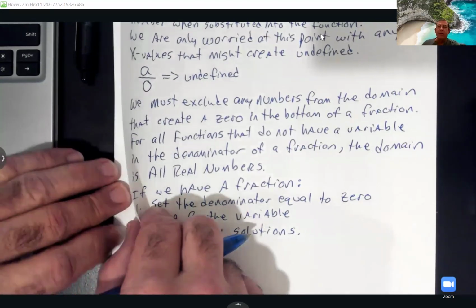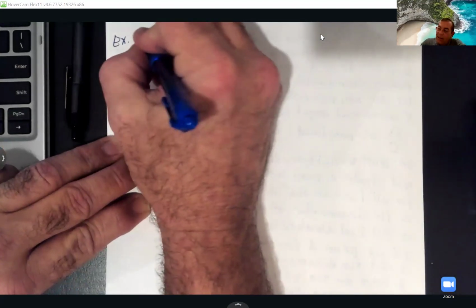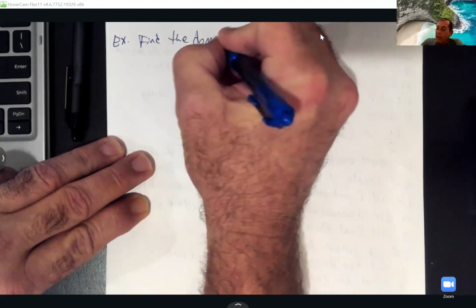All right, y'all, so let's play with some of these. All right, now these problems, starting at 3, they're just going to say, hey, find the domain of the function.